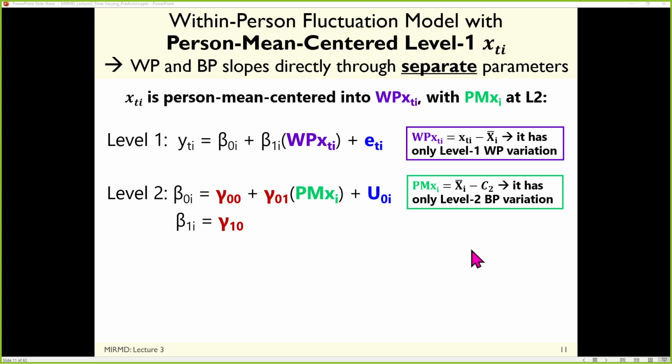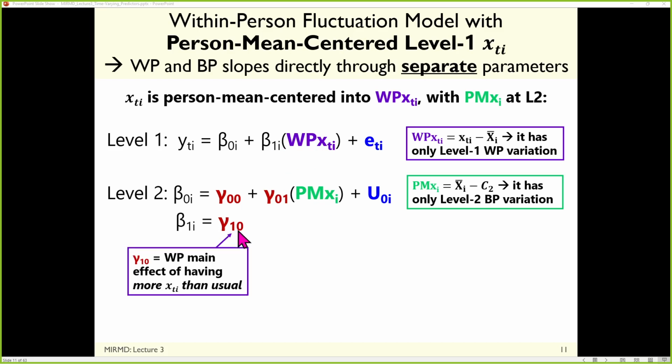So here's what it would look like in an equation with no other predictors. Again, for simplicity, you can have other predictors, but this is enough. To remind us what each of the variables mean, I've got their definitions over here. They both go in. At level 1, I have a fixed slope that goes with within-person x for now.